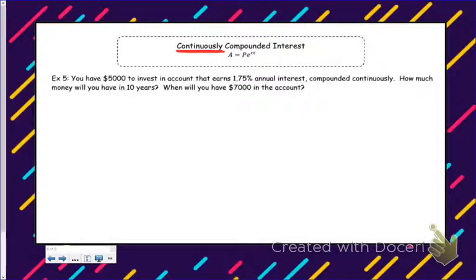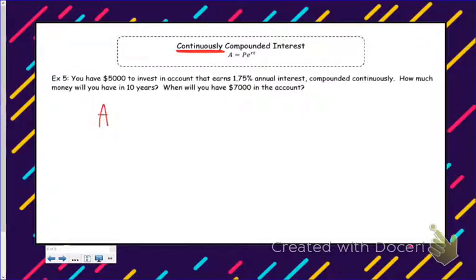So if you kind of consider those two things together, E is a good base for us to use when interest is compounded continuously. So if our interest is compounded continuously, we're going to use this P E to the RT formula. P is still principal, R is still our rate as a decimal, T is still time in years. Okay, but E is just the Euler's number E.